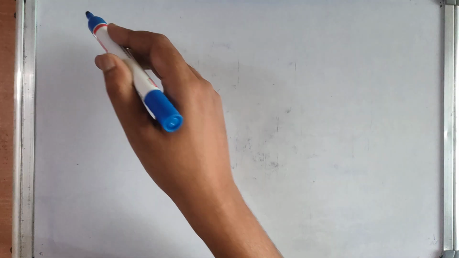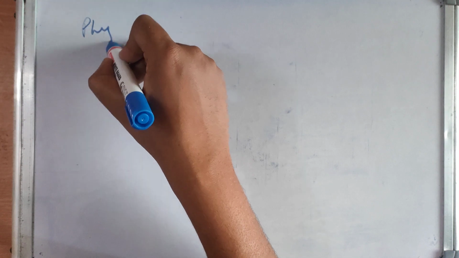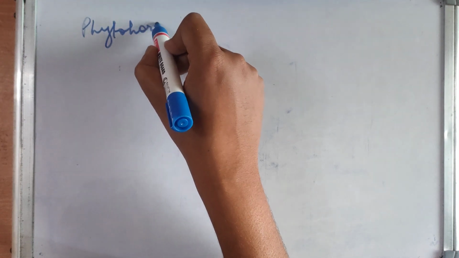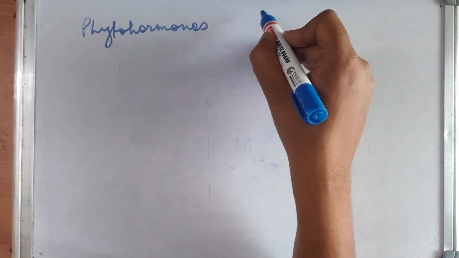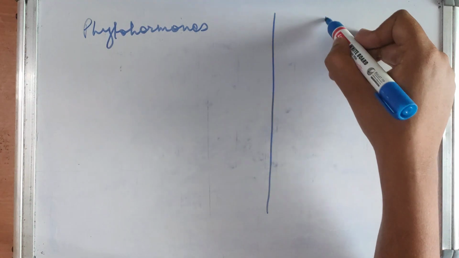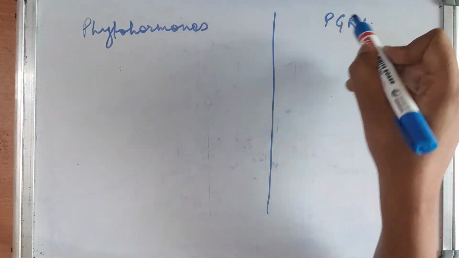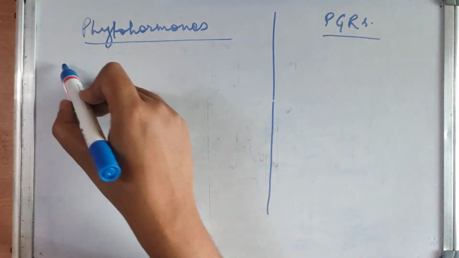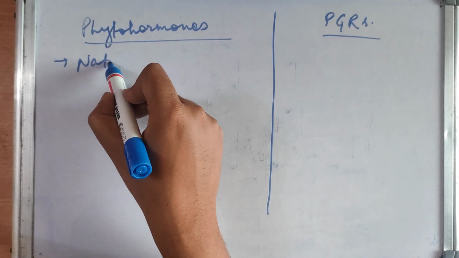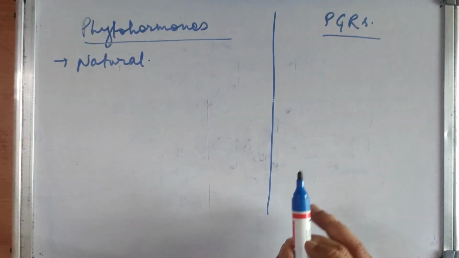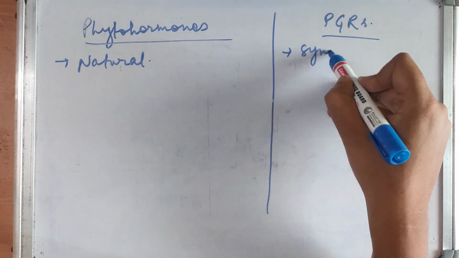Now some differences were asked in previous years from this topic, so we will discuss them. First of all was the difference between phytohormones and PGRs. Phytohormones are natural, whereas PGRs are synthetic.